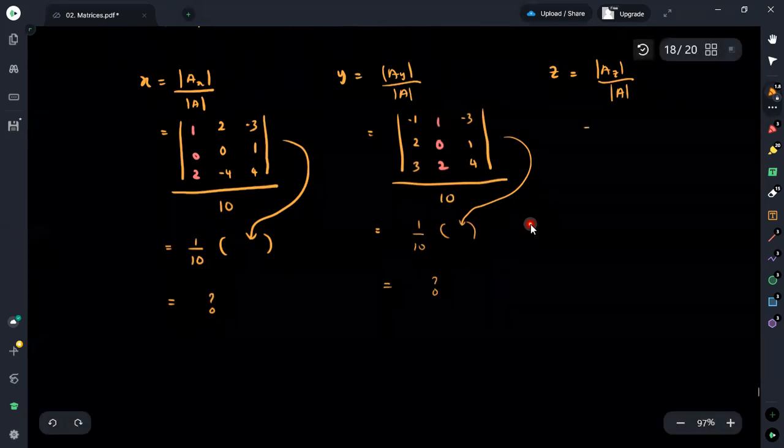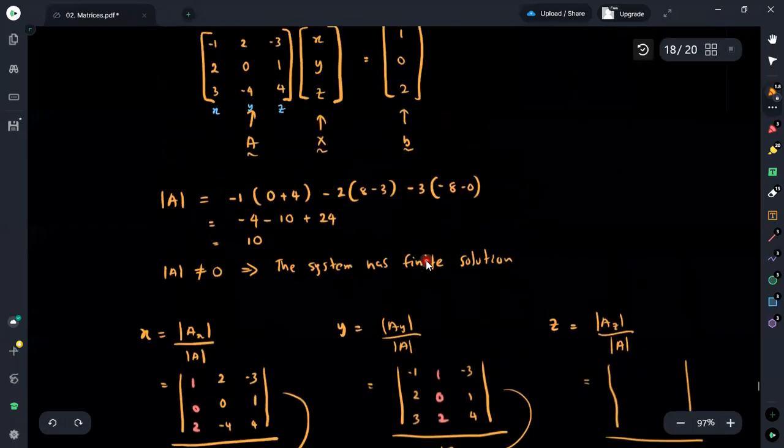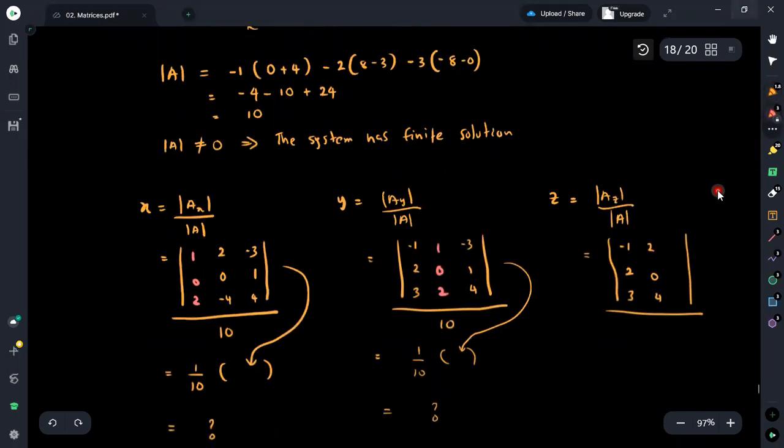Then Az can be obtained by replacing the third column. The first column contains -1, 2, and 3, the second column contains 2, 0, and 4, and the third column has to be replaced with 1, 0, and 2.